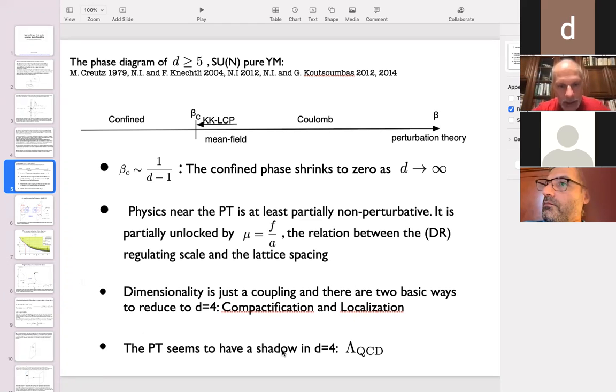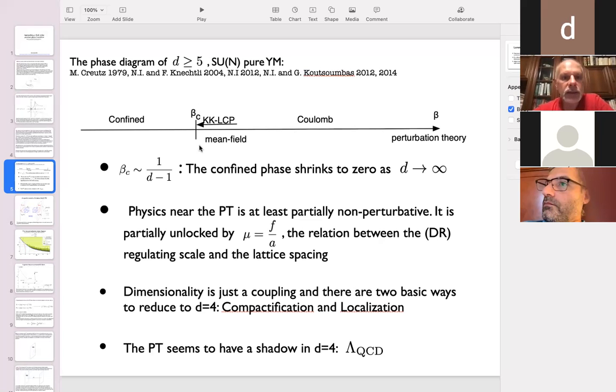And then finally, an even more obscure property is that phase transitions, these quantum phase transitions, seem to have shadows. So what does that mean? See, in 5 dimensions, as I showed you in this picture, there is a sharp first order phase transition that separates the confinement from the Coulomb phase.